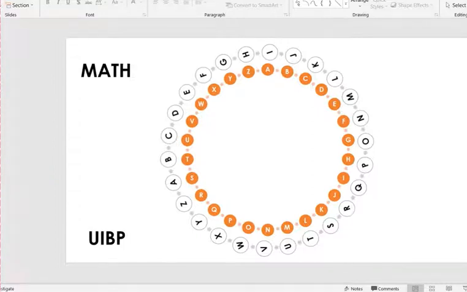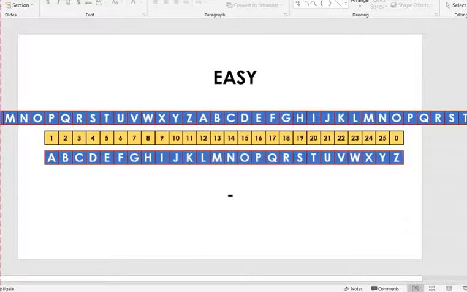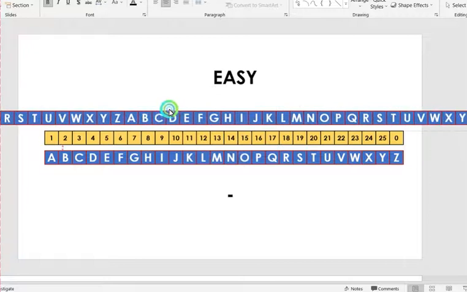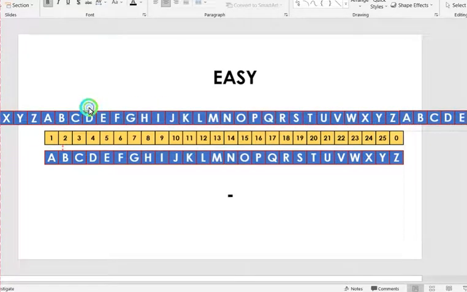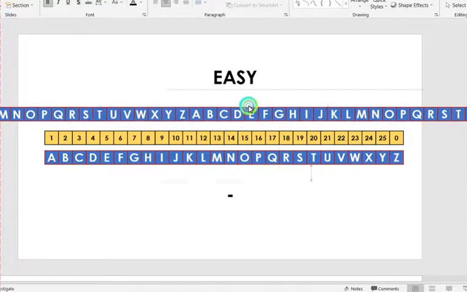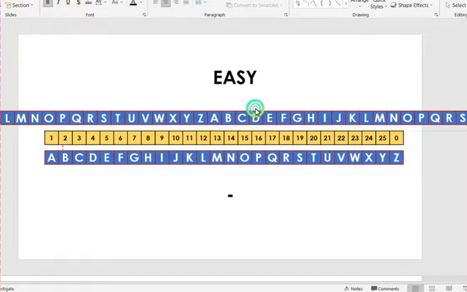We can also use this representation. If the circular pattern is confusing, you can use this representation, A to Z, which we just follow. And if we shift position, originally this is our position, A is for 1 and so on. But if we shift position, for example, this is now my representation.